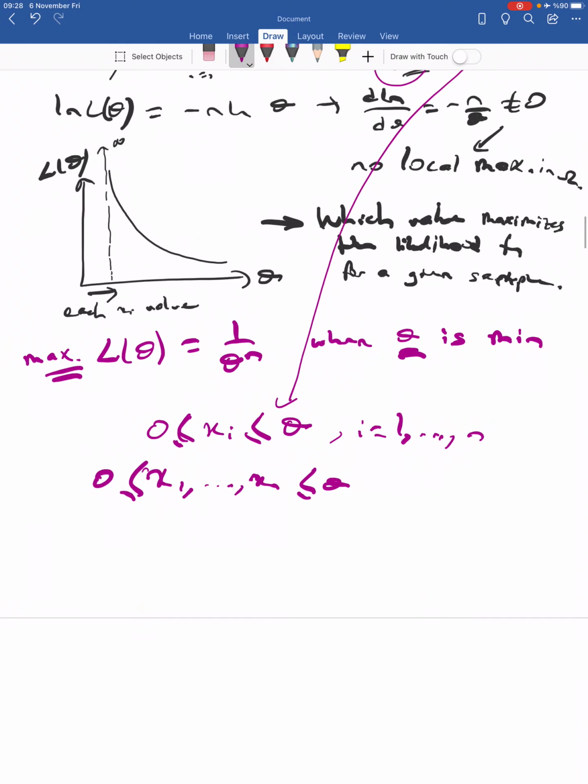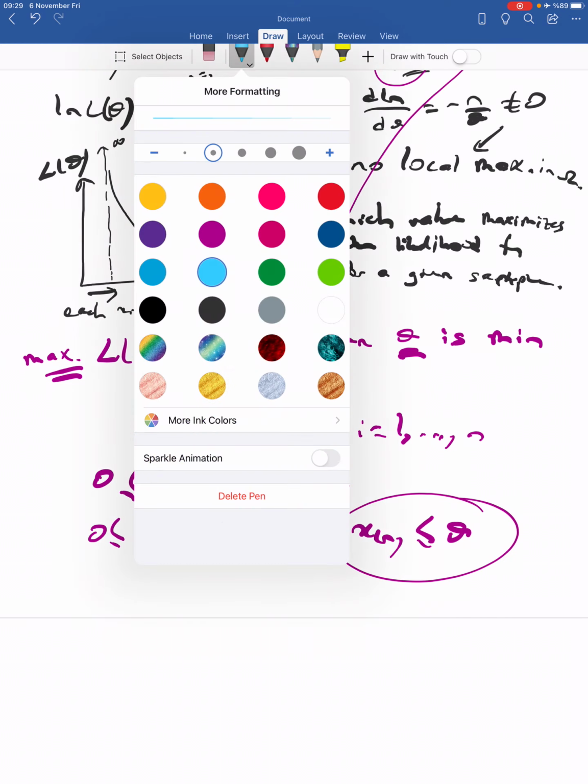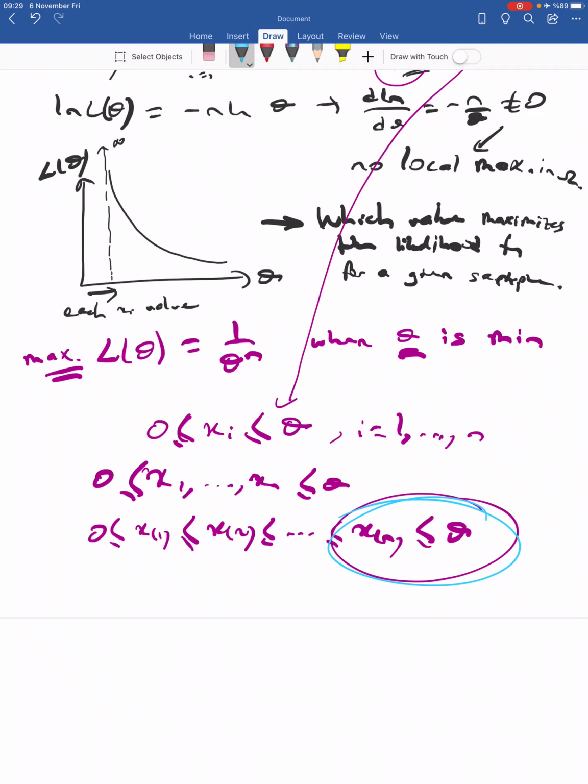If we order them, the minimum value should be greater than 0, then the second bigger value, and so on, up to the maximum value. We are trying to find the lower bound for theta based on sample information. So what is the minimum value of theta? It is this one, so the lower boundary is the maximum value.